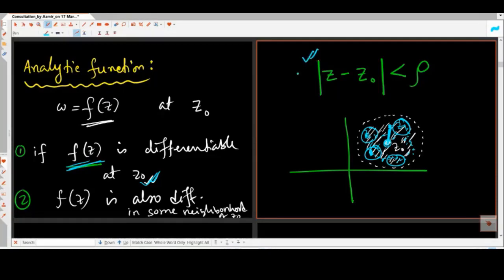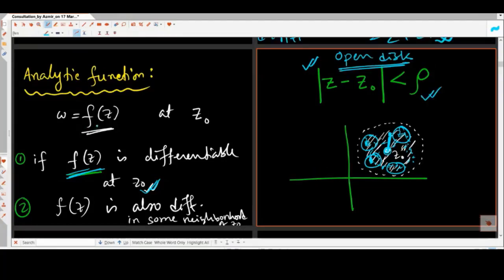So whenever the term neighborhood comes, you have to think about an open disk. If a function is analytic, remember the function is differentiable at z0, and the function is also differentiable in the neighborhood of z0. So an analytic function is defined this way. That means analyticity is a neighborhood property.